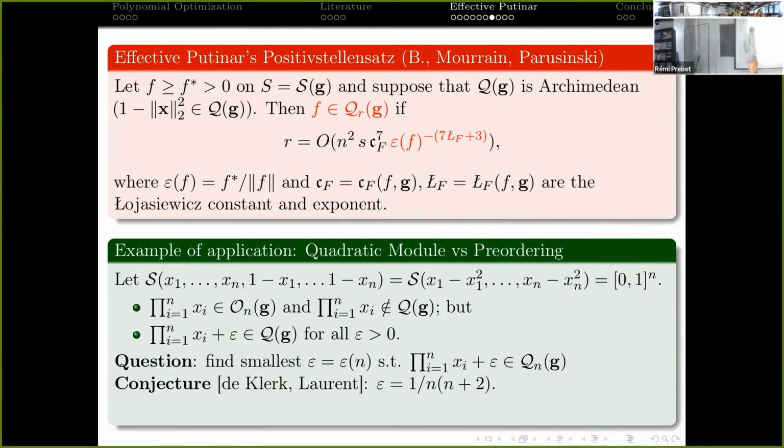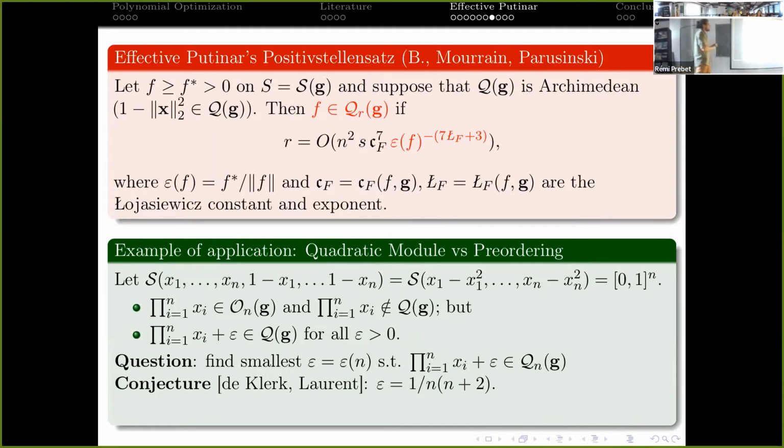And the conjecture by Monique and Etienne was about the degree n level of the truncated quadratic module, and they conjecture that the minimum epsilon that you can take is 1 divided by n plus 2. And so if you want to tackle these problems, you don't want to have the dependence on the Euclidean distance.